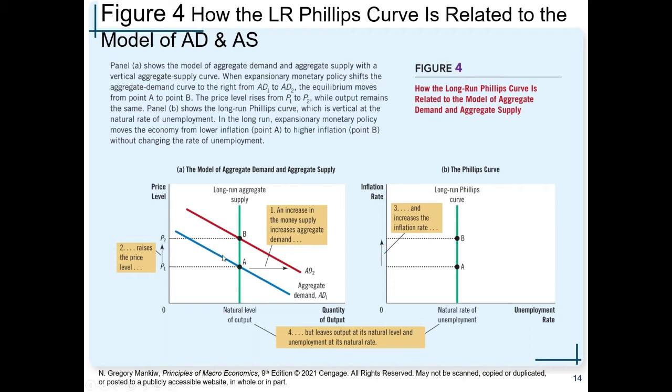We can see that if we increase the money supply, we're going to shift from AD, the blue line, to AD2, the red line. Prices rise, which is inflation, and on the Phillips curve, you can see inflation, but unemployment is the same, and natural level of output is the same. The reason I mention this, and the key takeaway, is that monetary policy is ineffective at tackling long-run unemployment.